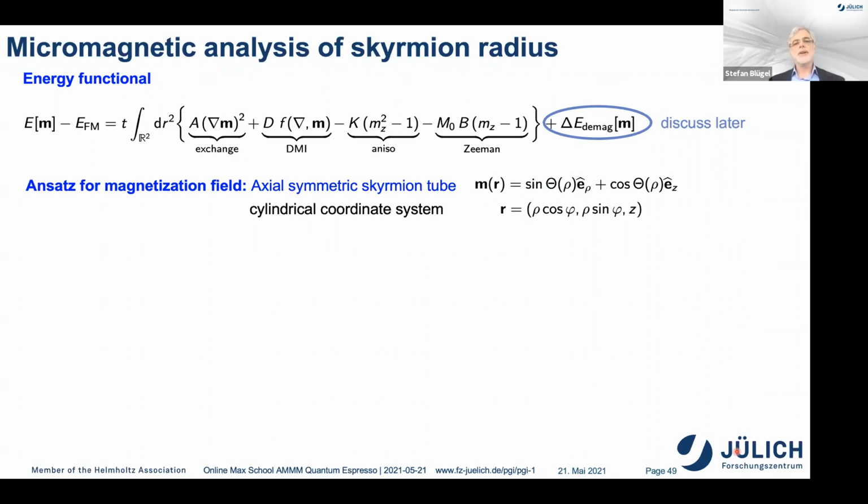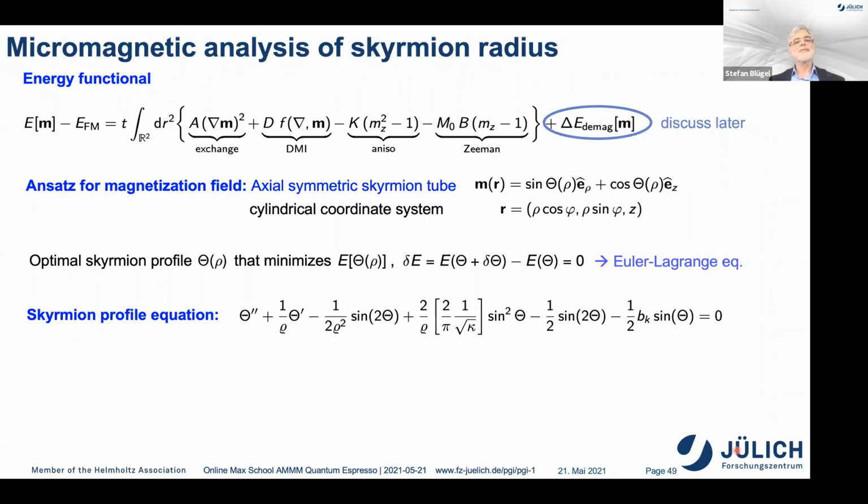And if I put now these axial symmetric conditions into my equations in the energy functional, I can ask myself, what is the optimal profile such that I can minimize?